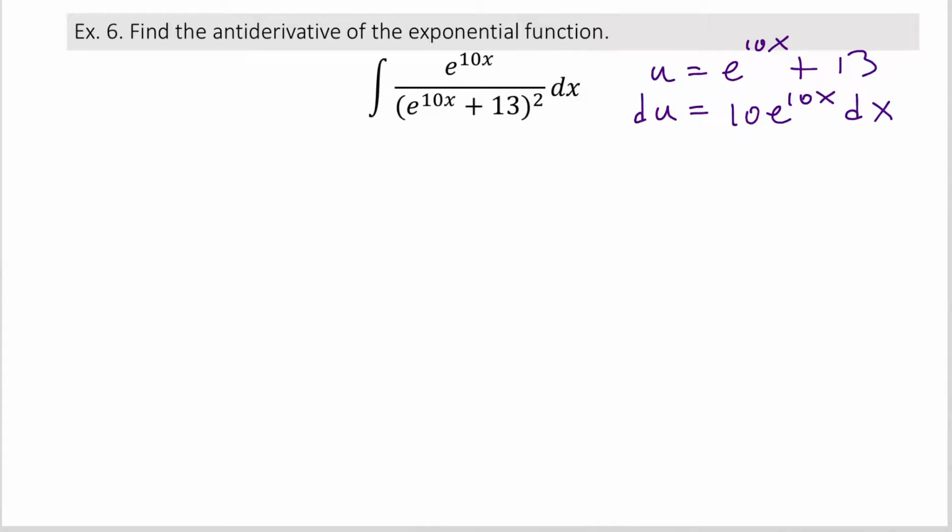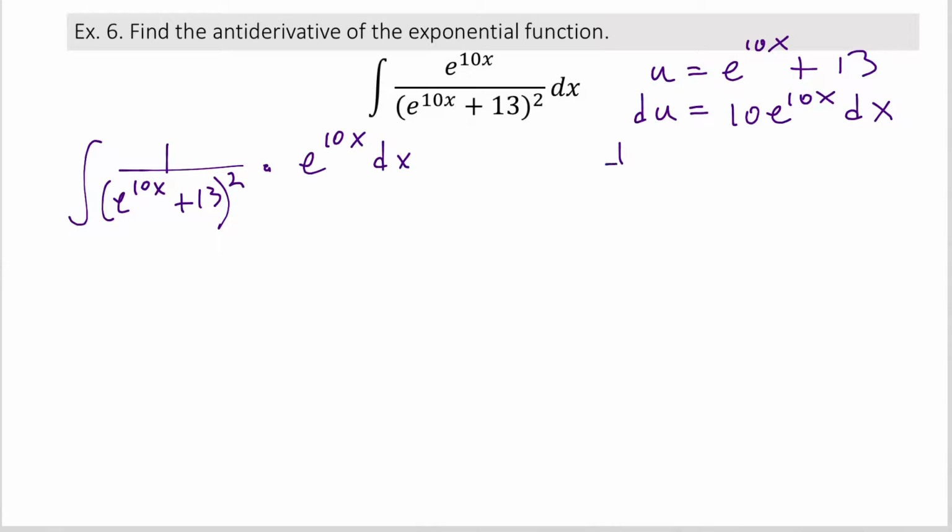All right, so if I look at my integral, I have 1 over e to the 10x plus 13 squared times e to the 10x dx. All right, so I have the e to the 10x dx, but not the 10. So I need to divide out the 10.